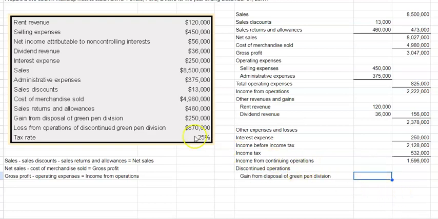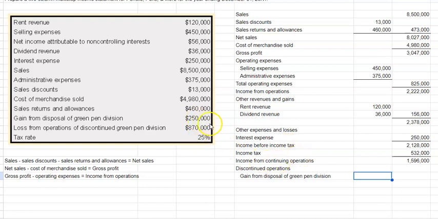All right. Now here it lists this gain from disposal of Green Pen Division as 250,000. Now we are not going to put discontinued operation amounts directly into the statement unless it says that it is already net of tax, right? And remember, net of tax means that taxes have been taken out.